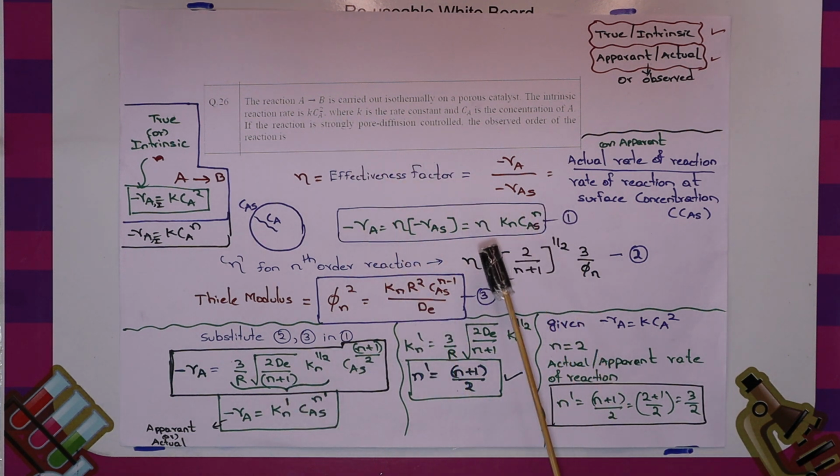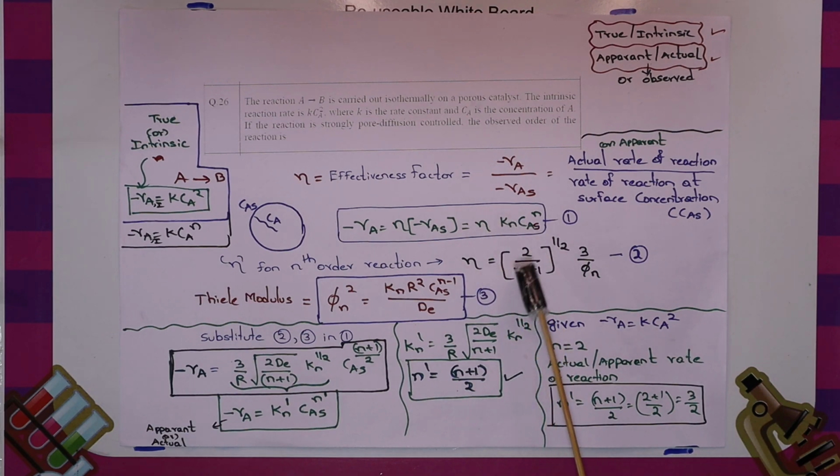So the actual rate of reaction is nothing but effectiveness factor into Kn, where Kn is the nth order rate constant, into Cas power n, for nth order reactions. And how is this effectiveness factor defined for the nth order reaction?